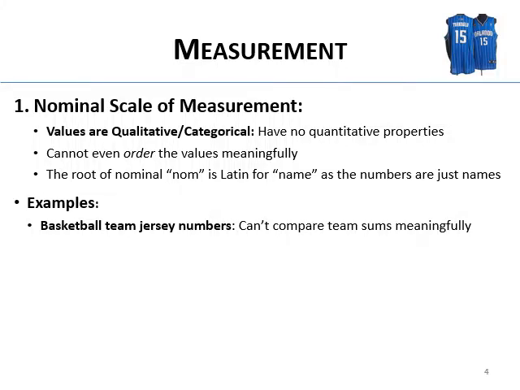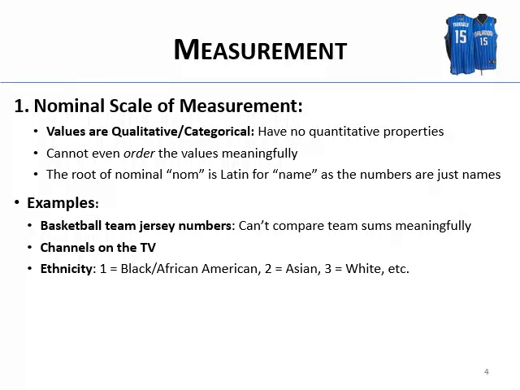Math for no reason. Nominal variables don't have quantitative properties. Channels on your TV, right? Channel 40 is channel 40, channel 13 is channel 13, 40 isn't somehow better. The numbers are just names for things.